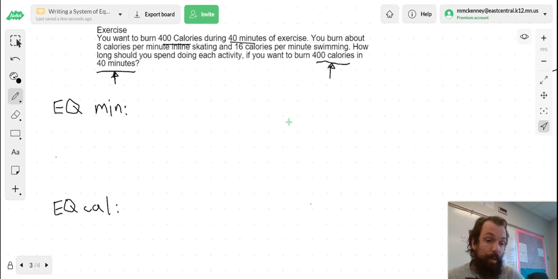Engine repair is the same at both. So we're going to build equations. The first equation is going to be for Smith.